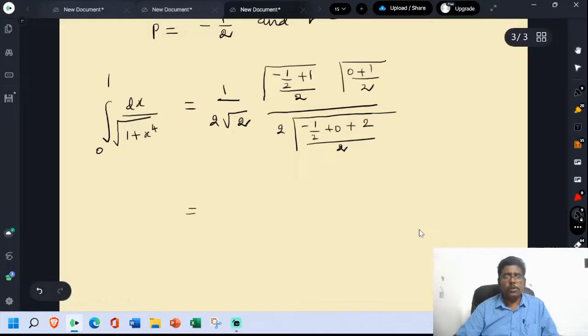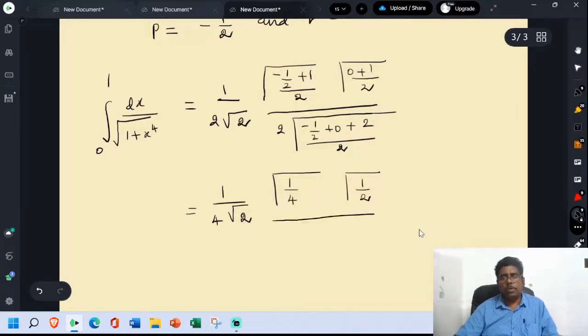This is equal to 1 divided by 2 into 2, 4. 4 root 2 into gamma of, this is minus of plus 1, that is plus of divided by 2, which is 1 by 4 into gamma of 1 by 2 whole divided by, see this minus 1 by 2 plus 2, 2 into 2, 4, 4 minus 1, 3, 3 by 2 whole divided by 2, that is gamma of 3 by 4.